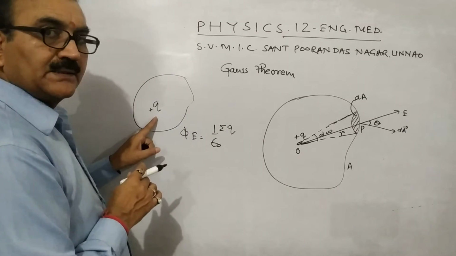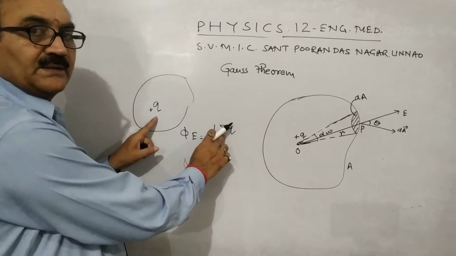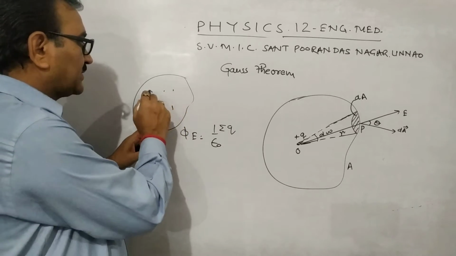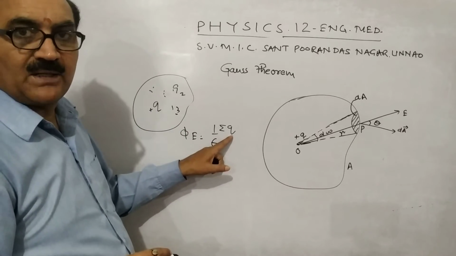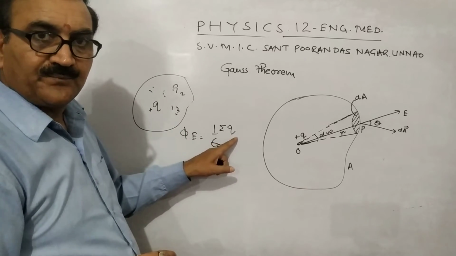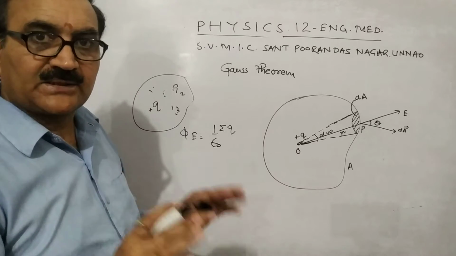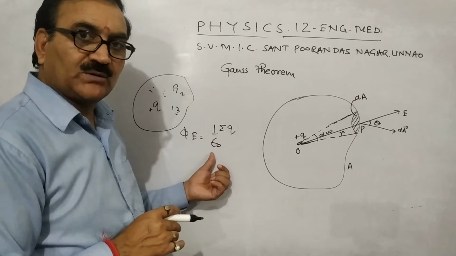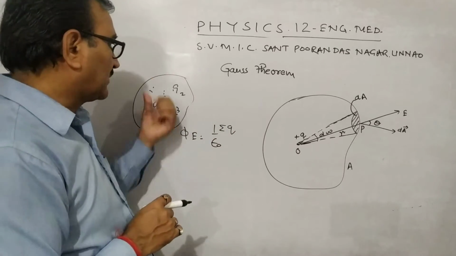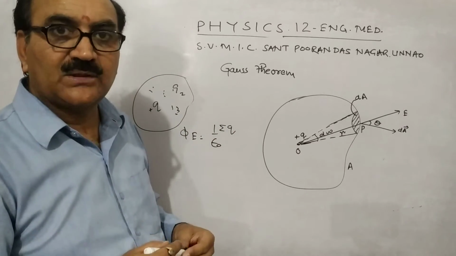This is a single charge. You remove this sigma. If there be a number of charges q1, q2, q3, you use the symbol sigma q. Clear? So net electric flux passing through a surface is equal to 1 upon epsilon 0 times the net charge surrounded by the surface. This is your Gauss theorem.